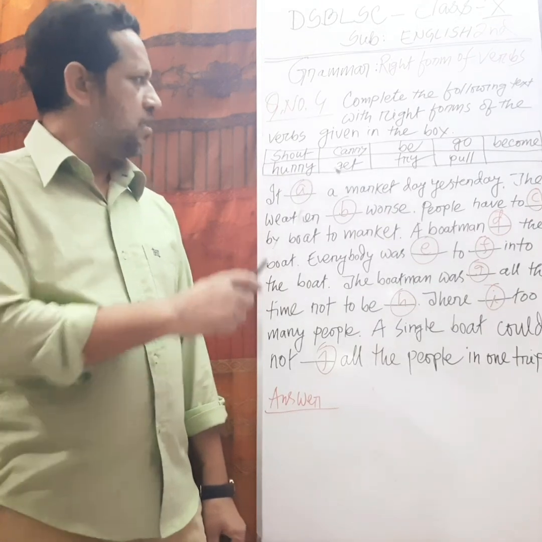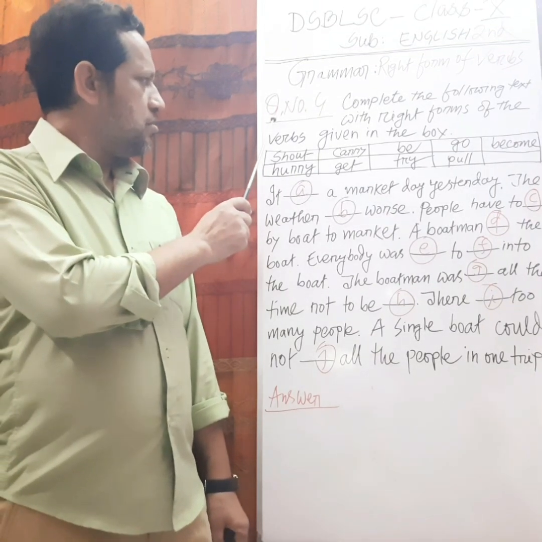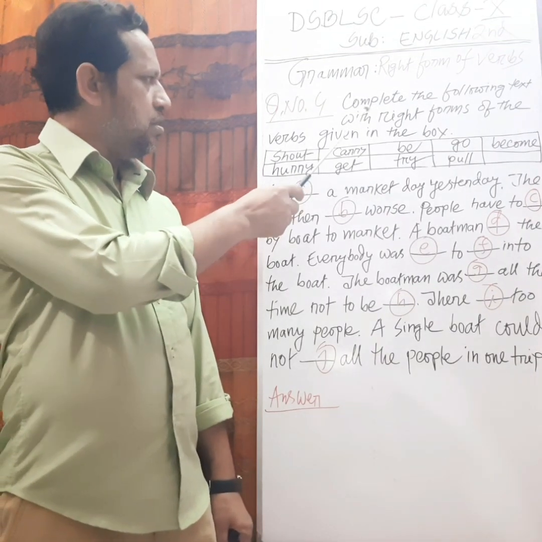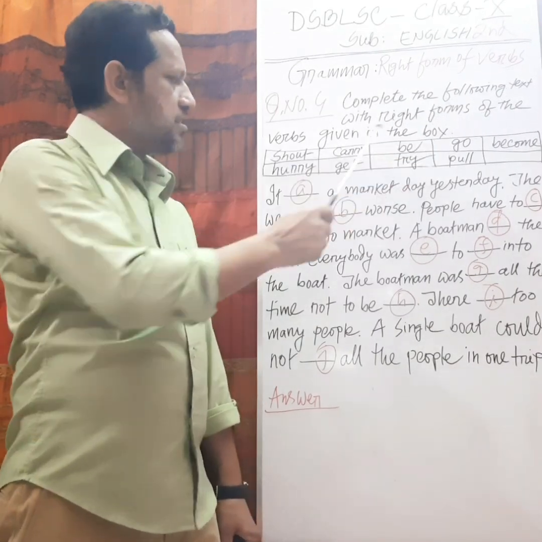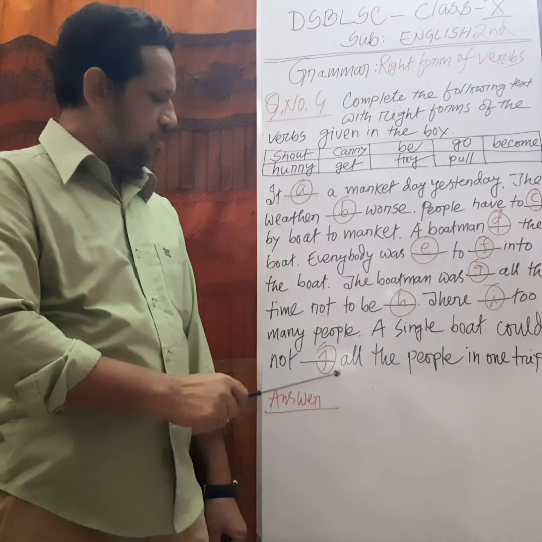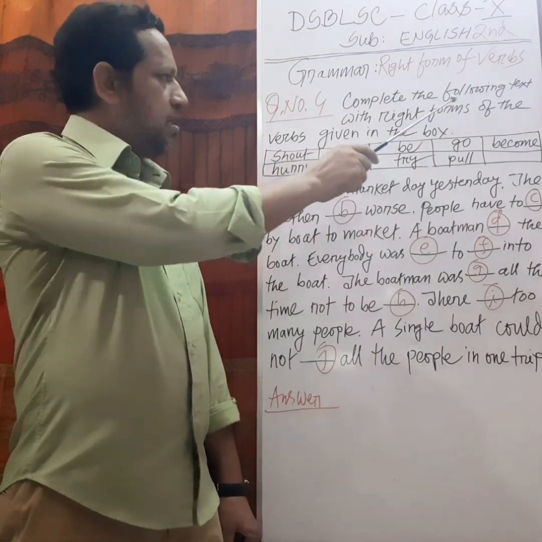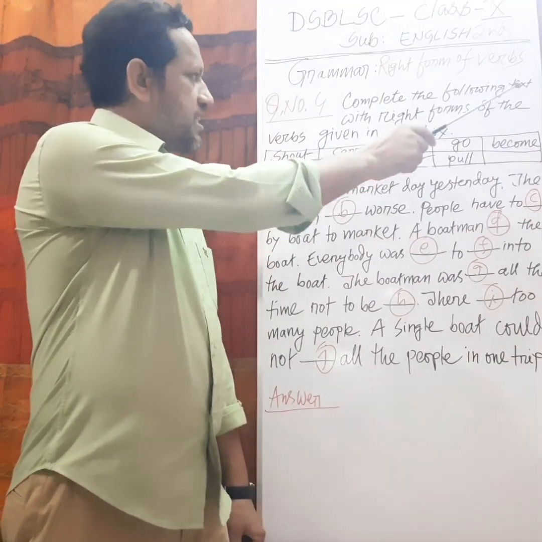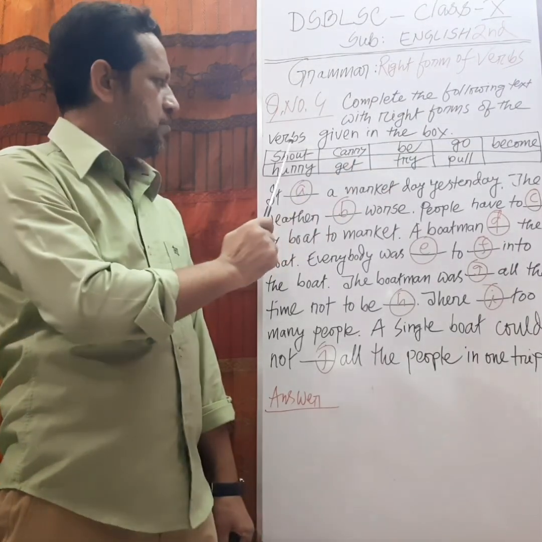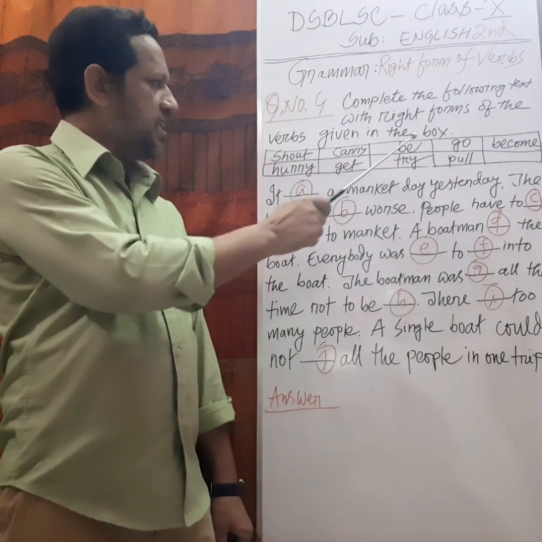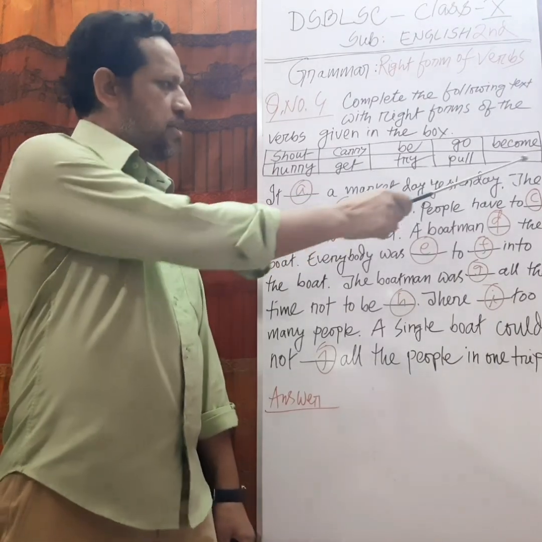My dear students, the question is question number 4. Complete the following text with right forms of the verbs given in the box. This is the box, my dear students.